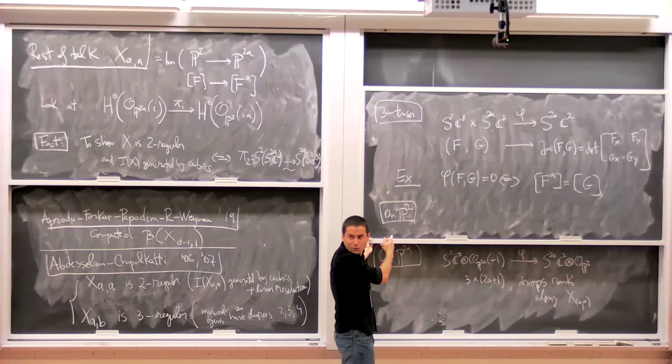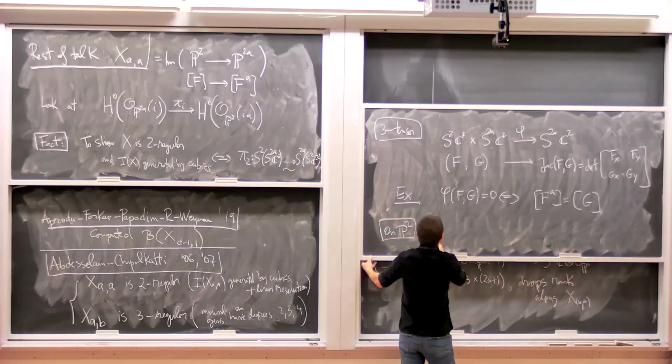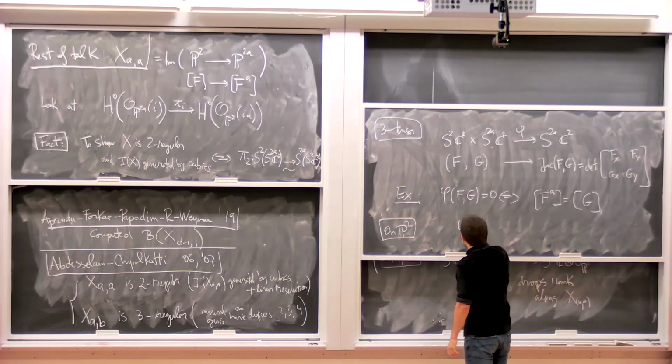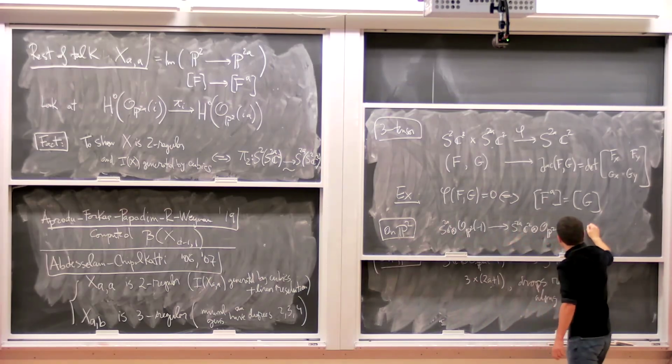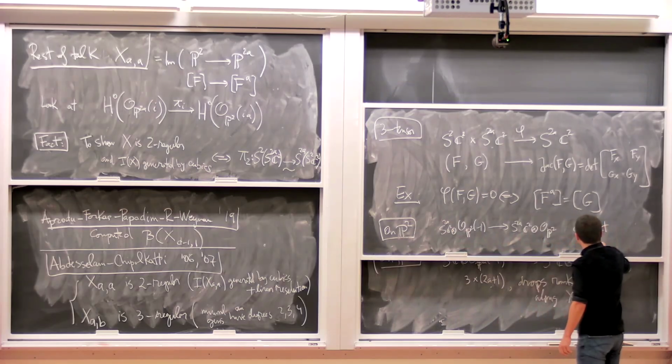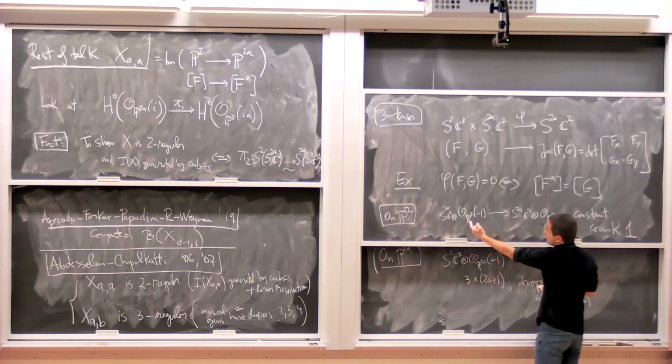So the point is now that on P2, you can think of this as a map from Sym^a of C^2 to itself. And this map has constant corank 1. So what's the kernel of this map?